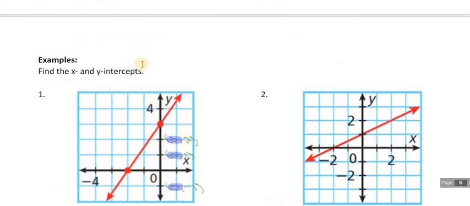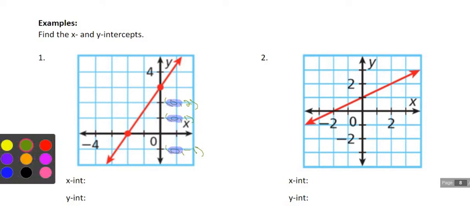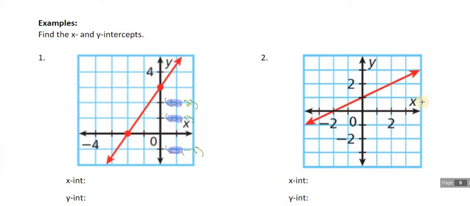So I'm going to go down here. I'm going to go to graph 2, this example, and we're just going to pick some ordered pairs that are on the x-axis. Okay, so right here, this ordered pair is 2, 0. Our next ordered pair is 3, 0. Going over here, that's negative 1, 0.